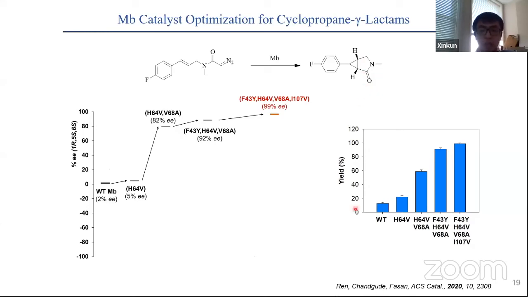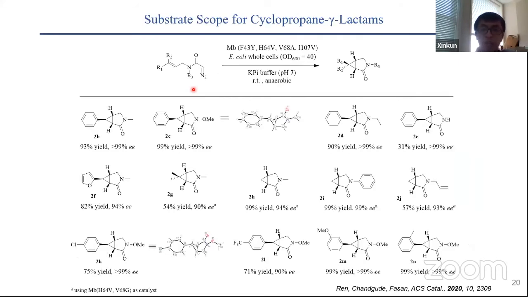cyclopropanation product. The resulting culturable mutant was able to give 99% conversion and 99% EE towards our model compound. And this catalyst also showed good substrate tolerance, giving 90% to 99% EE across all the substrates.